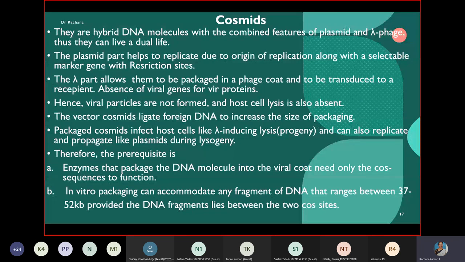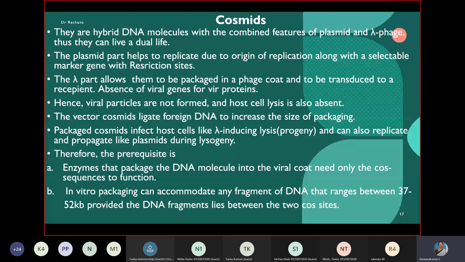The second requirement is the in vitro packaging. While we are trying to package our desired target DNA, because it is a combination of a cosmid and a plasmid, we can incorporate any fragment of DNA, comparing what we discussed about the phage and the bacterial sizes. Now we have a bigger range.